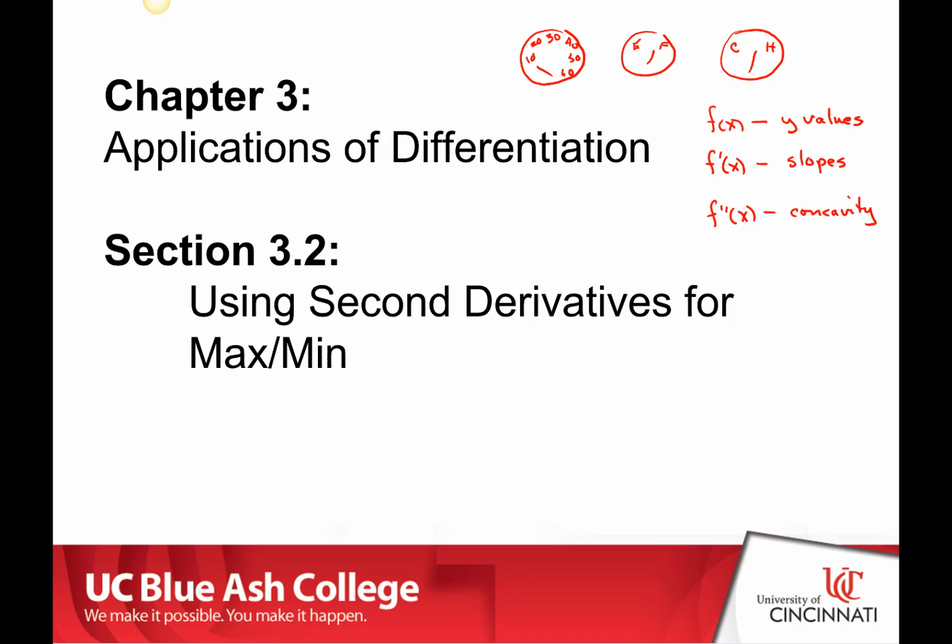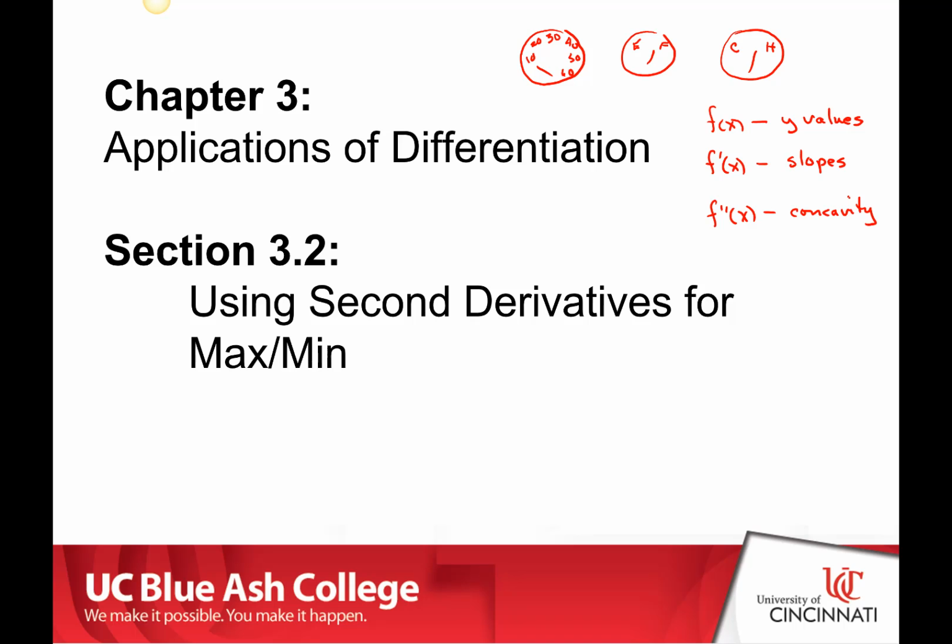The original function, f of x, tells you what the concentration, the sales, the temperature, whatever is going to be at the next point in time, or whatever might be our independent variable. The derivative tells you how is that temperature changing, how are sales changing.